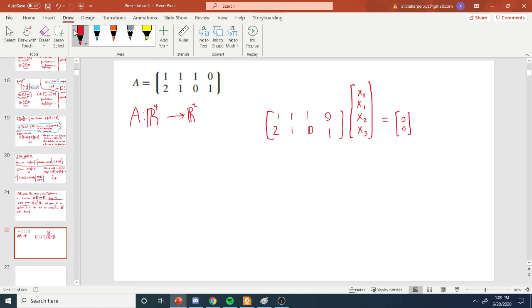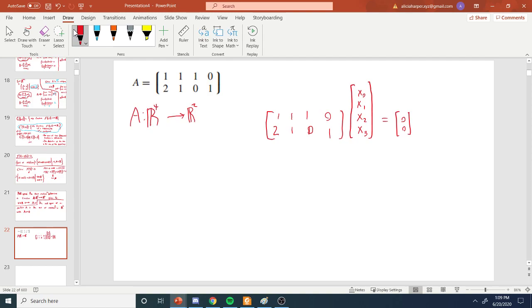Now what we're going to do is apply row operations to simplify our life. Actually, I don't even really need to do that.